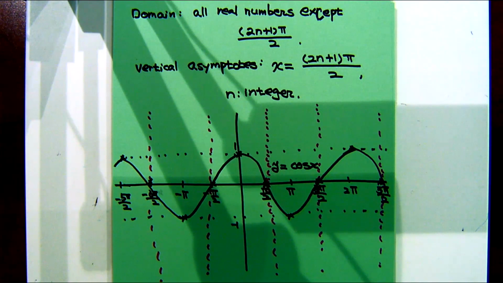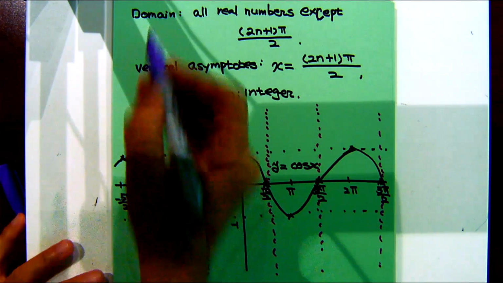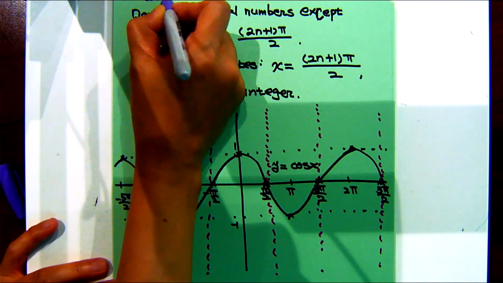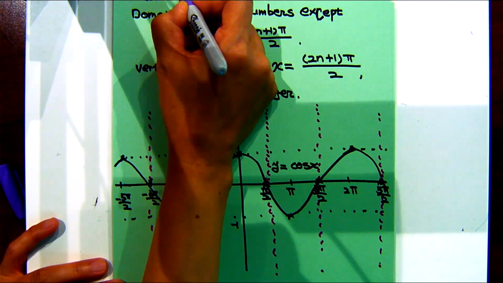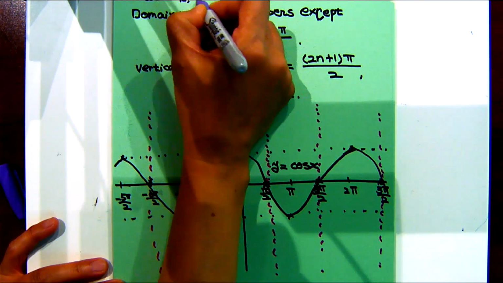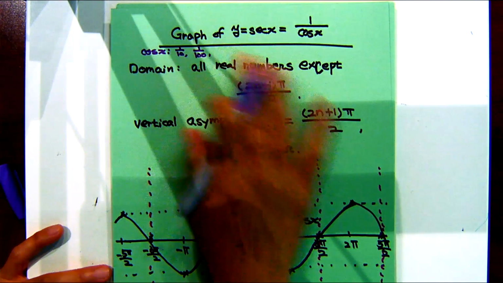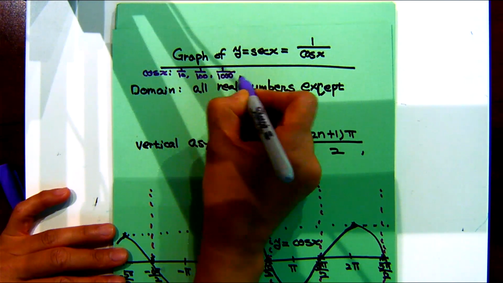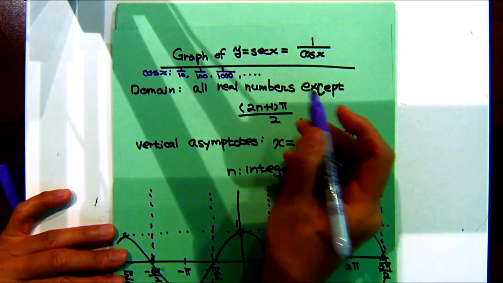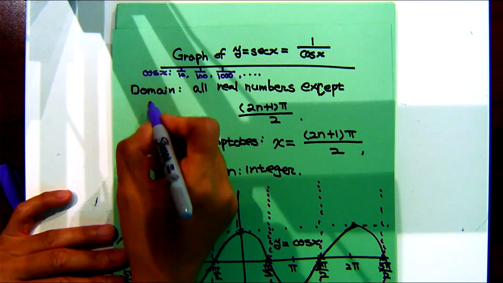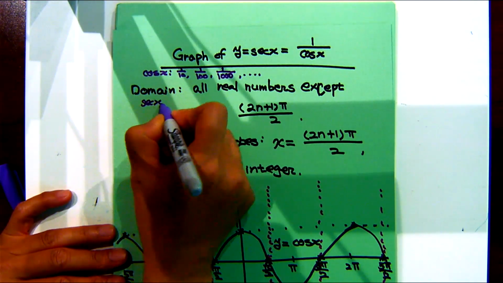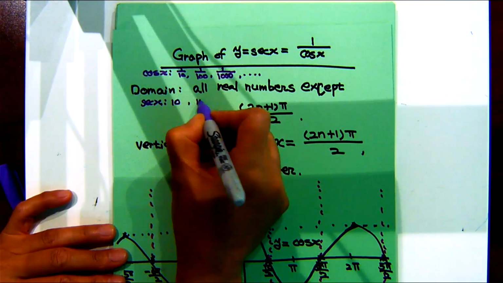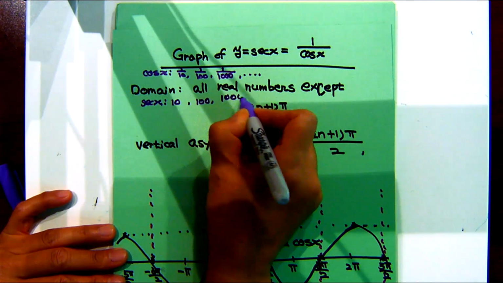That is 1/something. So what I told you is if cosine x is like 1/10, 1/100, 1/1000, and so on, it gets smaller and smaller. Then what happens to secant? Secant of x is the reciprocal of these numbers. So it becomes 10, 100, 1000, and so on.